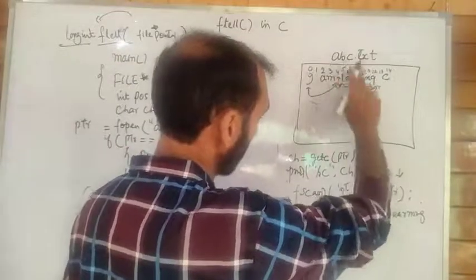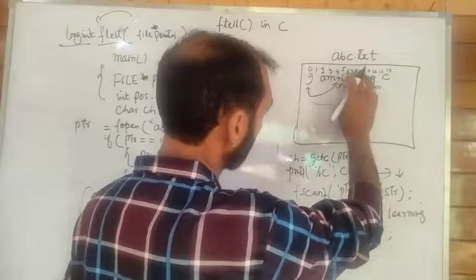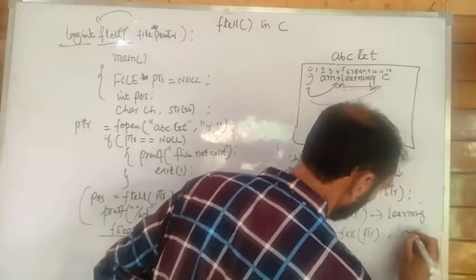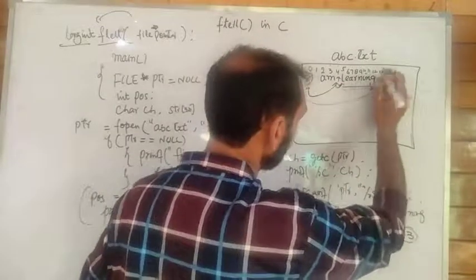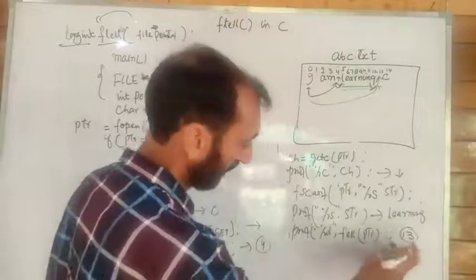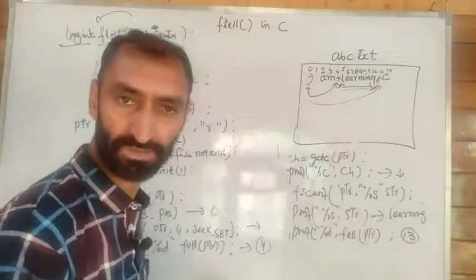Initially it was 5, and it had moved 6, 7, 8, 9, 10, 11, and 12, and it will return 13. Instead of 12, it will return 13, because now it points to the 13th location. It will return 13.